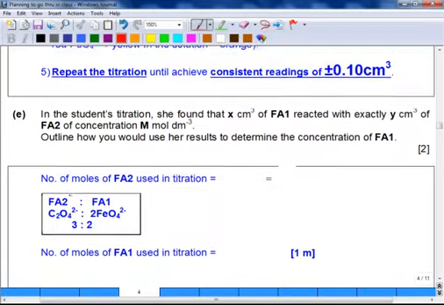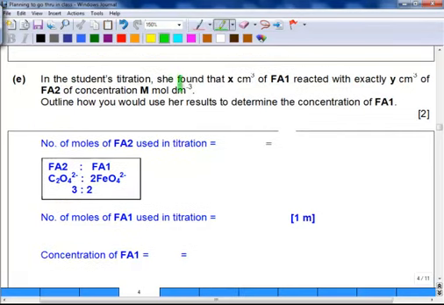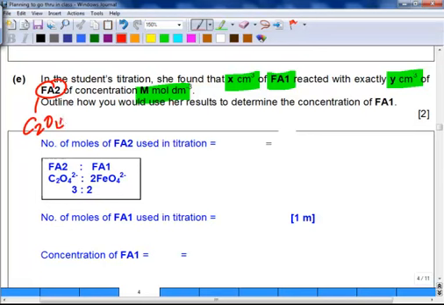Okay, class, for part E, do you need me to go through? Please pay attention. In the student's titration, she found that X cm cube of Fa1 reacted exactly with Y cm cube of concentration M. Take note, your Fa2 is actually your C2O4.